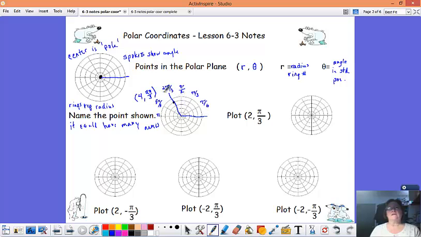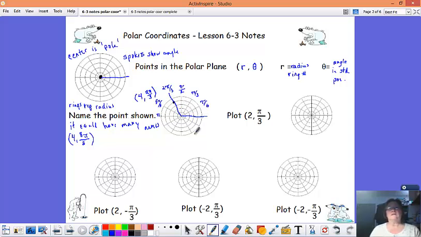We obviously could add 2 pi radians to this and end up at 8 pi thirds, which would mean we went an additional full circle.